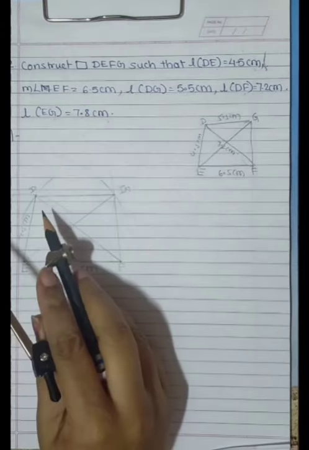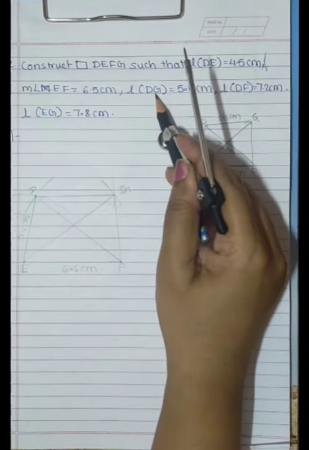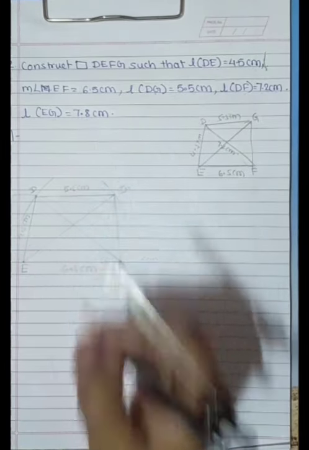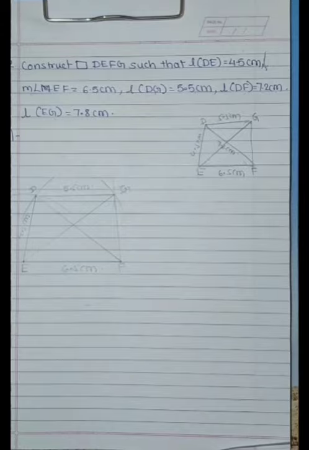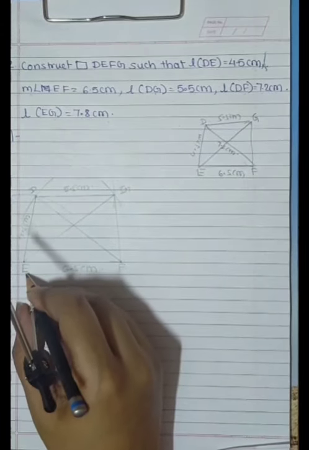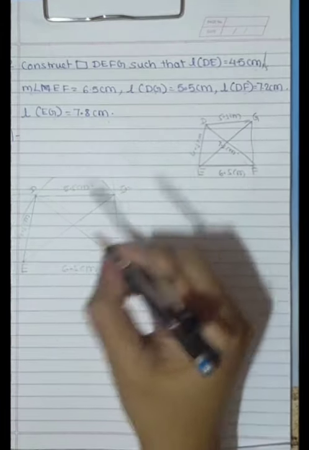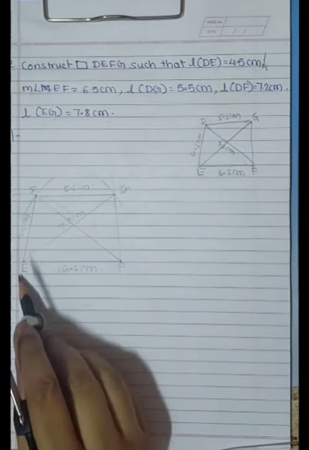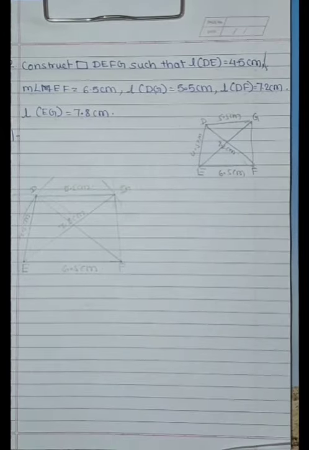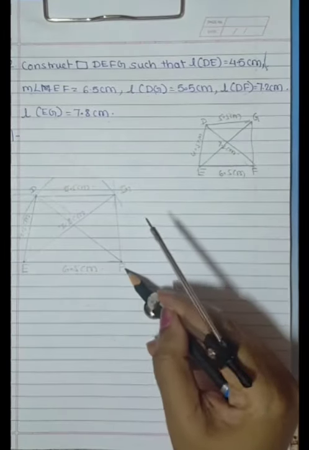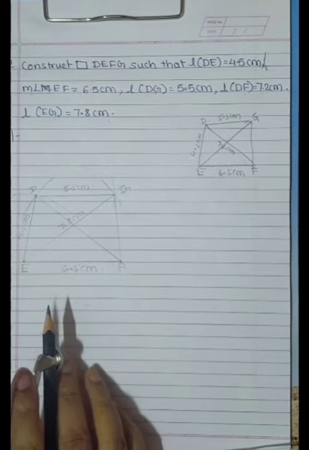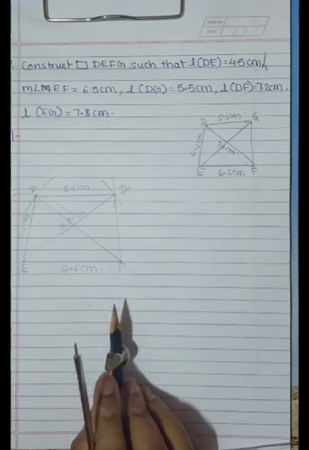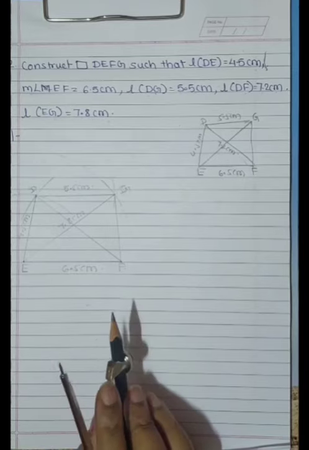Now afterwards we have taken DG, that is 5.5 centimeter with the help of arc, and again afterwards we have taken EG 7.8 centimeter and we have joined EG. Okay, and at last we have joined GF, and our construction of quadrilateral we have finished. We have solved this question number 2. I hope you understood.